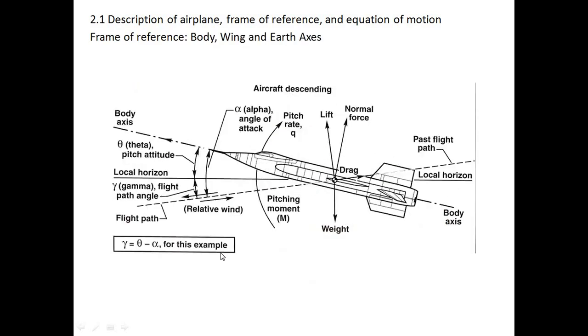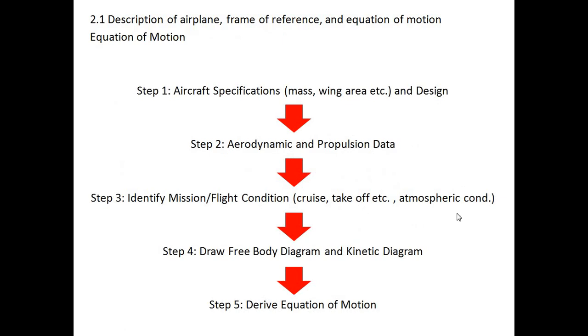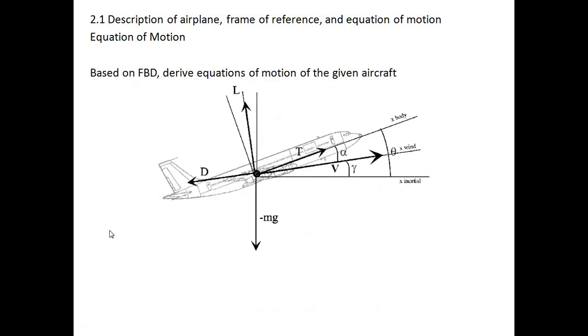This is a free body diagram, and the resulting kinetic diagram, and after that we derive the equations of motion. For example, this is another example of a free body diagram: aircraft in a climbing mission.